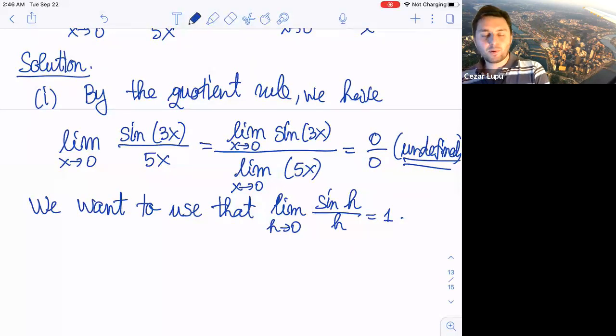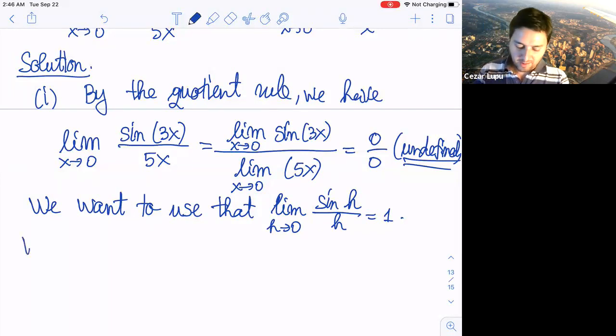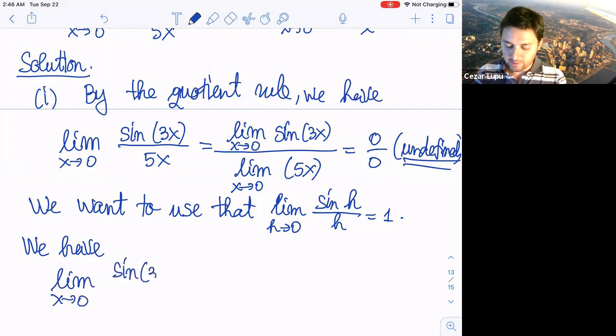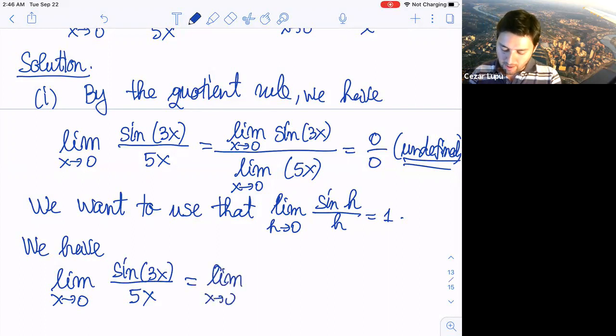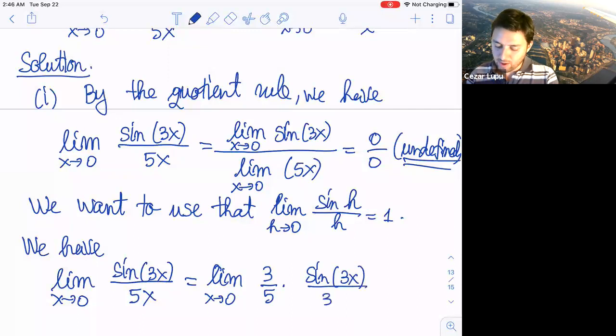How about a trick? What I mean by trick is the following. Let's write this limit in the following way. The limit as x approaches 0 of sine of 3x over 5x. I'm going to put here the constant 3/5 times sine of 3x over 3x, dividing and multiplying by 3.